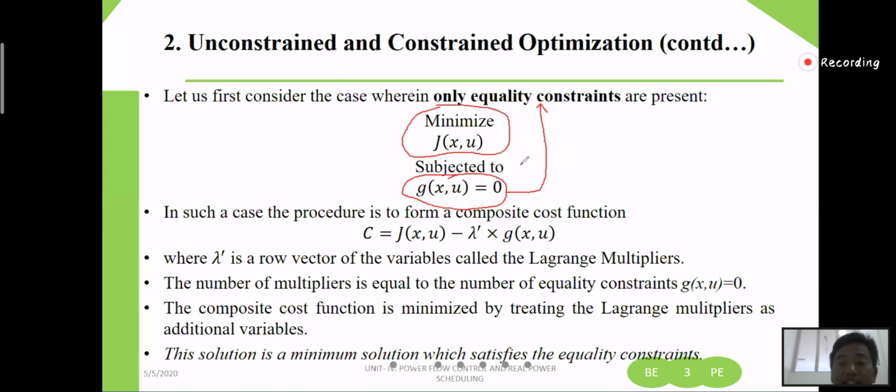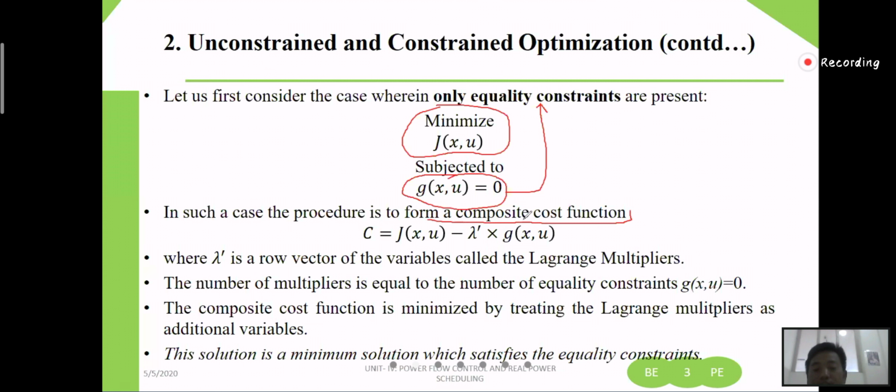So now in such a case, if you are required to do optimization considering this equality constraint, the procedure is to form the composite cost function. So if you are required to minimize this considering an equality constraint, what you have to do is form a composite cost function.